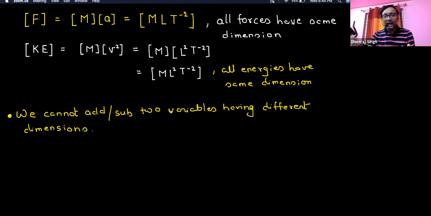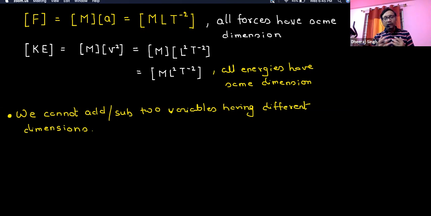It is like you can't add velocity with time. Totally absurd. You can't add force with mass. Have you ever seen mass plus force? No, right? So you can only add and subtract two variables which have the same dimensions.